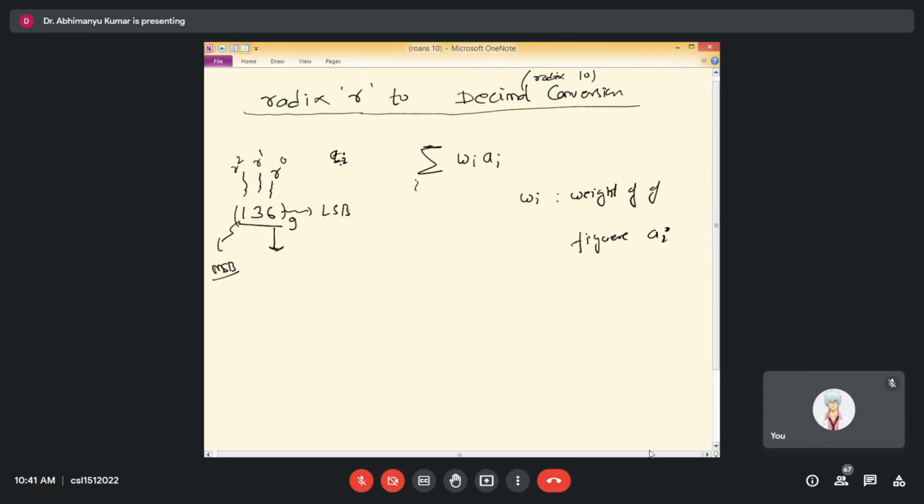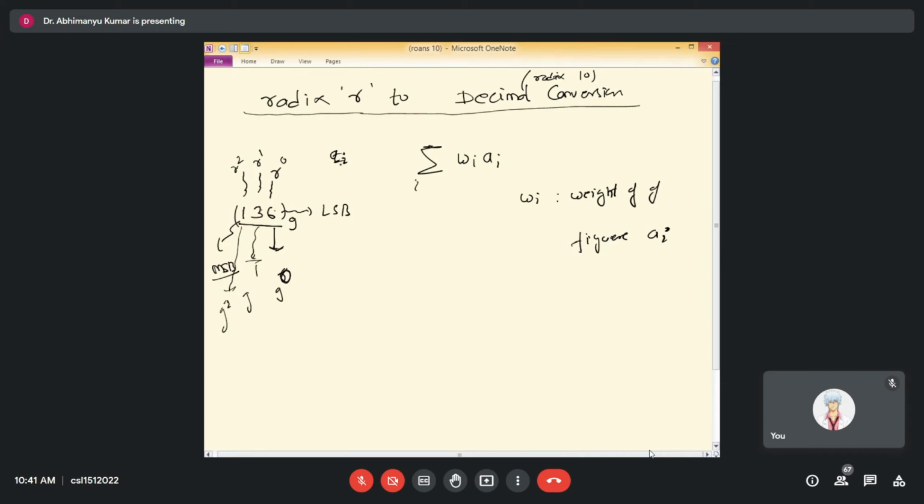Because this is not a binary system, we are not saying bits here. Why is it less significant? Because its weight is smaller as compared to the other digits, since it is positioned on the rightmost side. Since it is positioned on the rightmost side, the weight of this one is r to the power 0, where r is the radix of this system. Radix is right now 9. So this is 9 to the power 0. The weight of this one is 9 to the power 1. The weight of this one is 9 to the power 2.